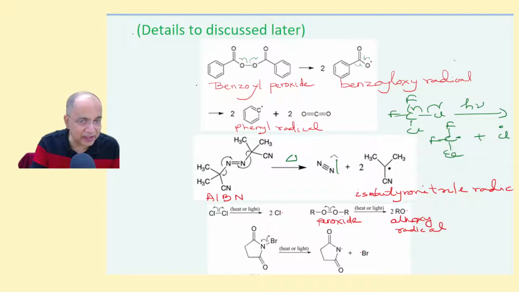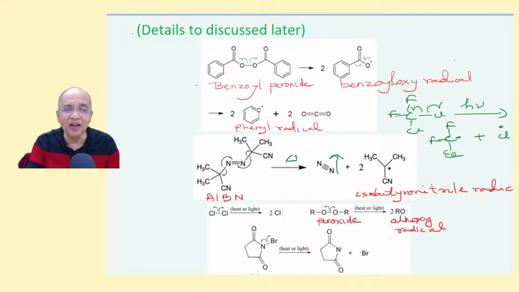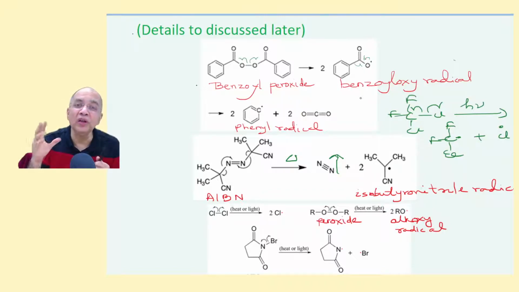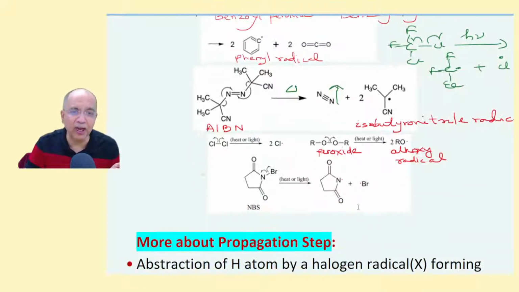Nitrogen flies, leaving behind the isobutyronitrile radical to undertake propagation. Now these are produced to undertake propagation because sometimes we cannot take chlorine or bromine for some other species which cannot produce free radicals. So the primary free radicals are provided by some known initiator. I am just informing you. It will not be required in our program today.